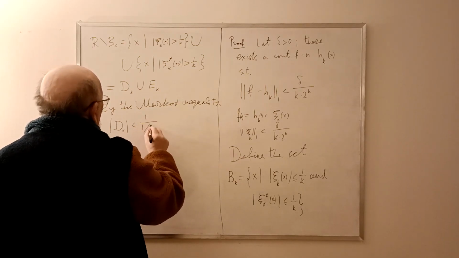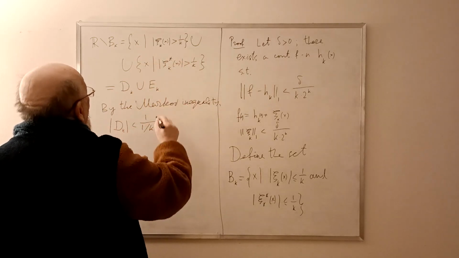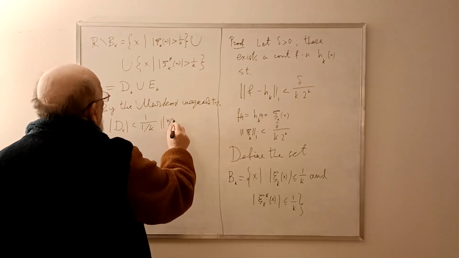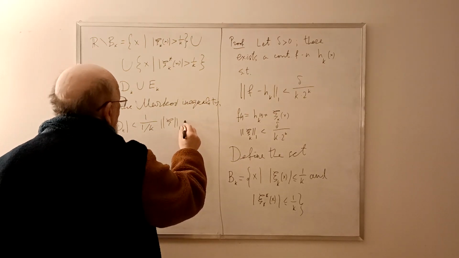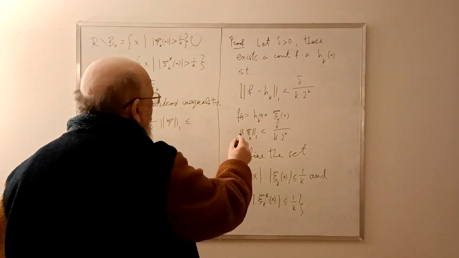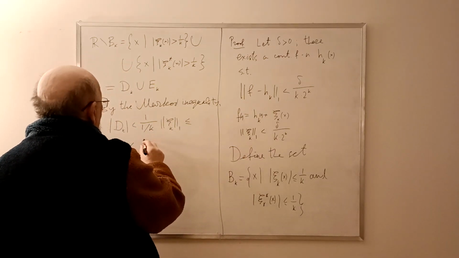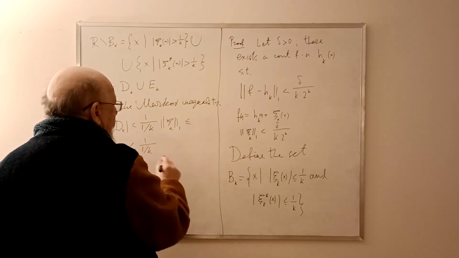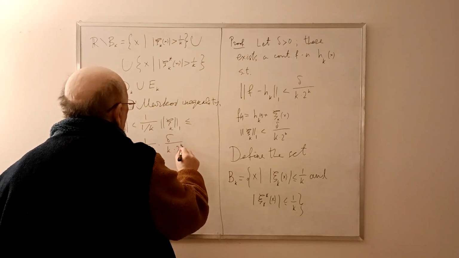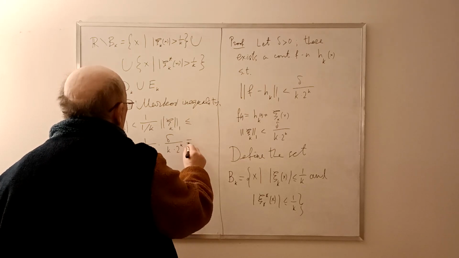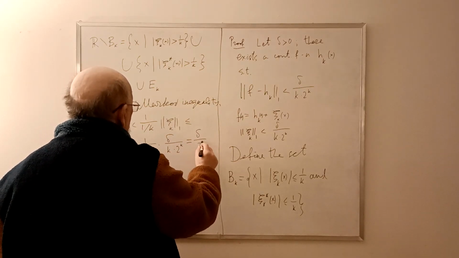So 1 over 1 over k times the norm of psi in L1, but it is less than 1 over 1 over k times delta divided by k times 2 to the power k, which is equal to, 1 over k and k here cancel, delta divided by 2 to the power k.